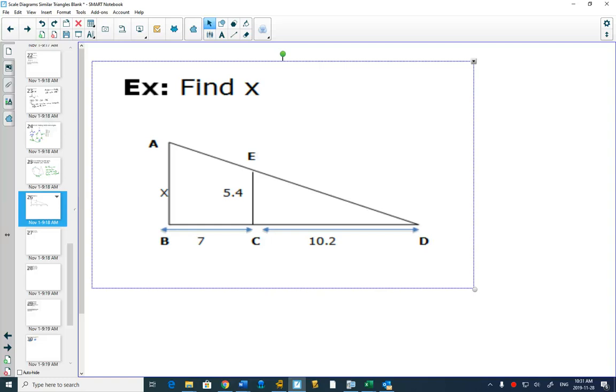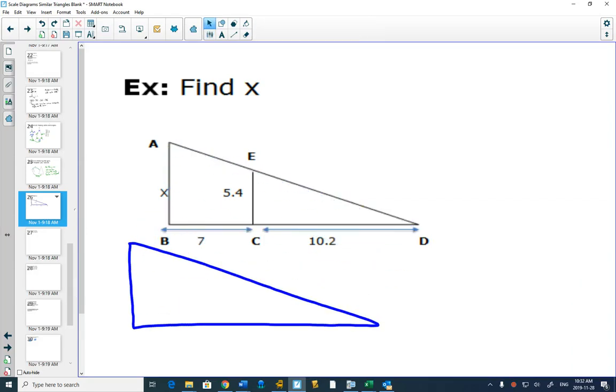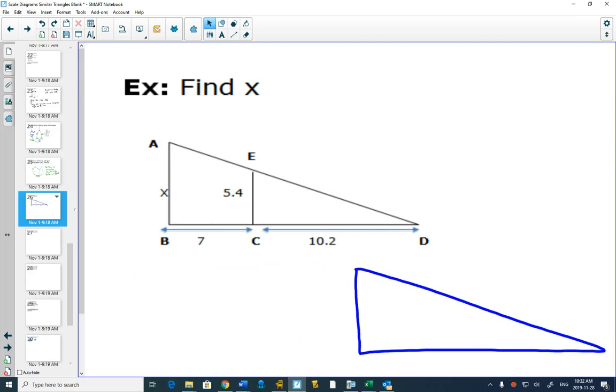Well, can you see that I have a big triangle in this question? I'm going to drag that off to the side here. I'm going to put the big one here. Can you see that I have a smaller triangle right here? I'm going to drag that there.